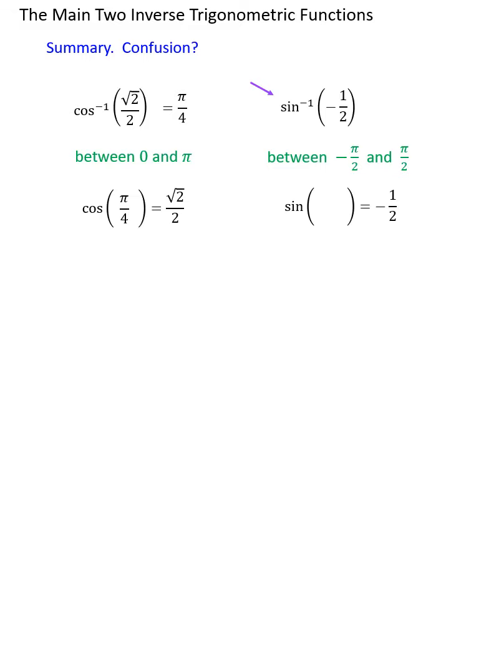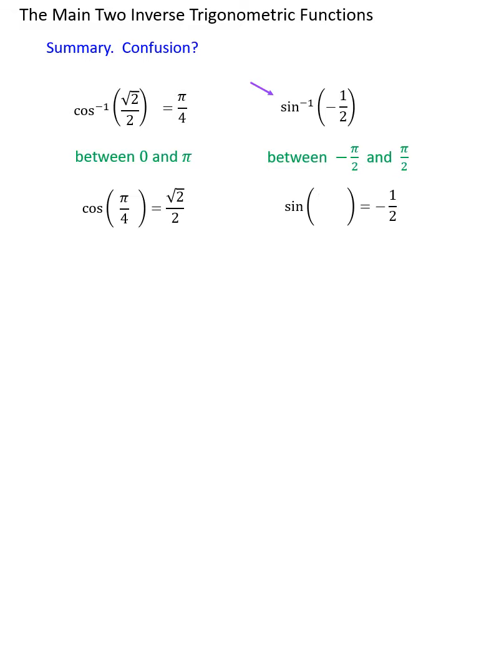Let's again review how we found inverse sine of negative half. We need to fill in the blank in the lower right corner so that that's a true statement. But we must also find something between negative pi over 2 and pi over 2 by the very definition of inverse sine. Now it turns out, through your knowledge of the unit circle, you should know that the sine of 11 pi over 6 is negative 1/2. Now 11 pi over 6 is not between negative pi over 2 and pi over 2.